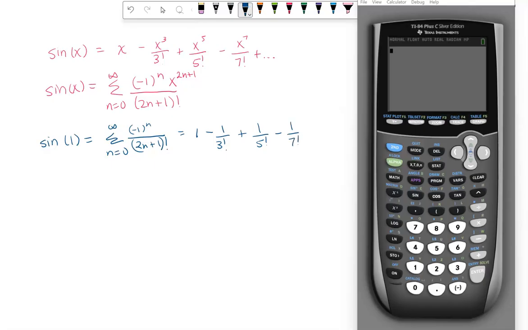We could go ahead and do that in our calculator. So 1 minus, I know that 3 factorial is 6, but I can also go under the math menu and under probability, and I could get my factorial symbol there. So that's 1 minus 3 factorial plus 1 divided by 5 factorial.